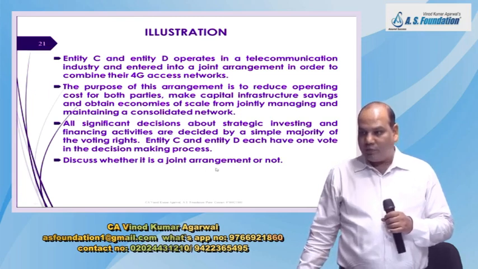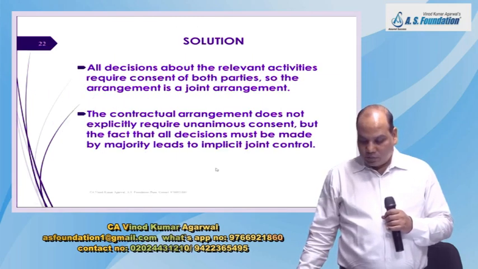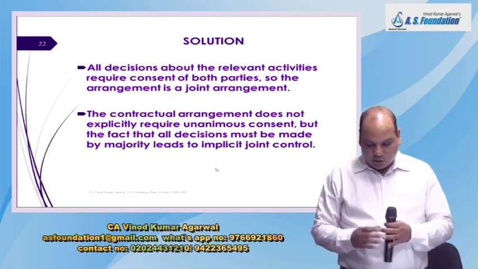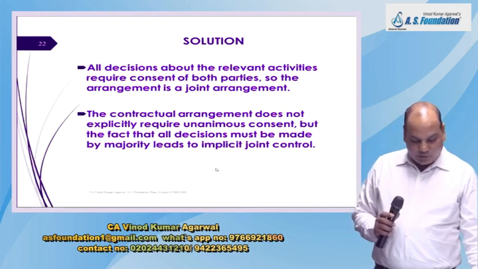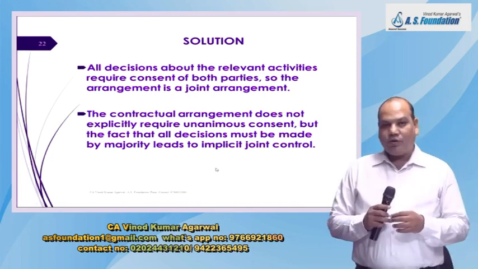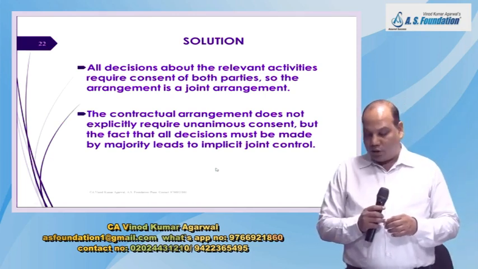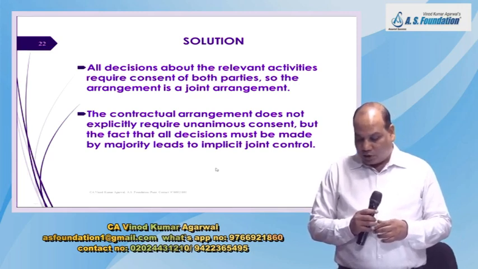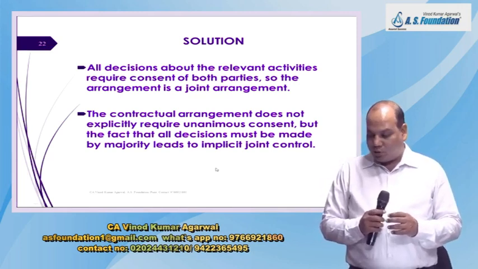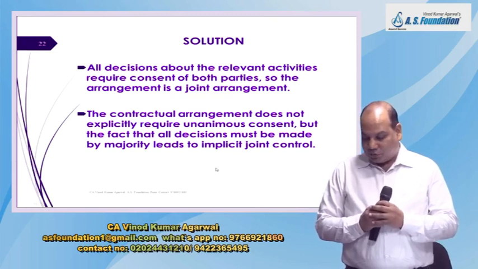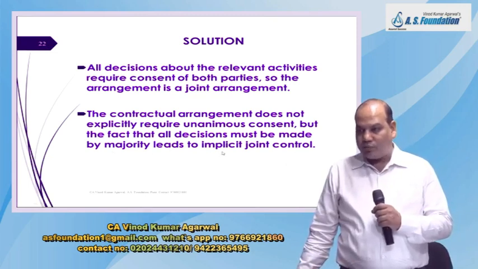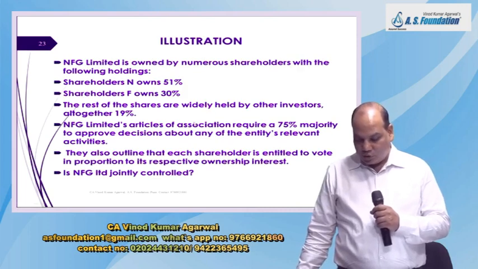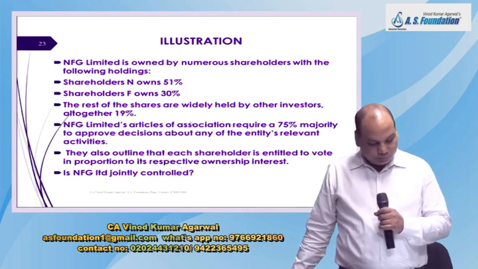Whether such an arrangement will be called a joint arrangement? The answer is yes. Don't write the answer printed. All decisions about the relevant activities require consent of both the parties, so the arrangement is a joint arrangement. The contractual arrangement does not explicitly require unanimous consent, but the fact that all decisions must be made by majority leads to an implicit joint control.